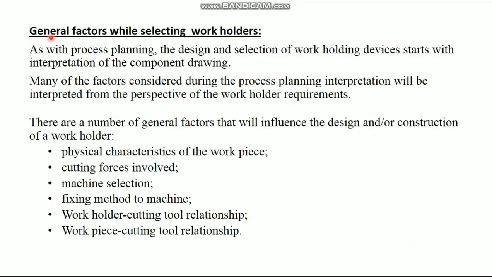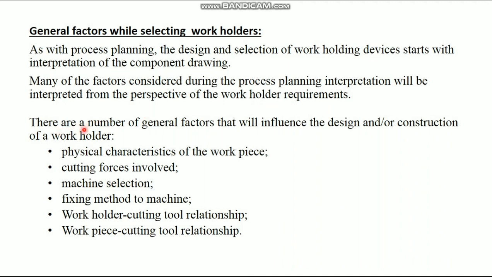Factors affecting selection of work holders. As with process planning, the design and selection of work holding devices starts with the interpretation of the component drawing. Many of the factors considered during the process planning interpretation will be interpreted from the perspective of the work holder requirements.